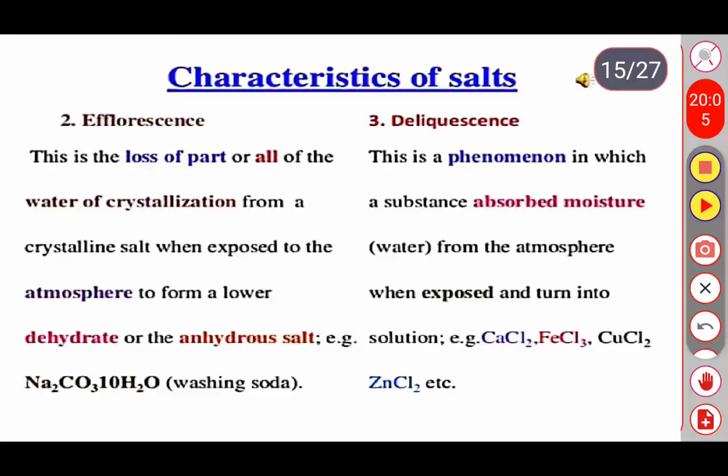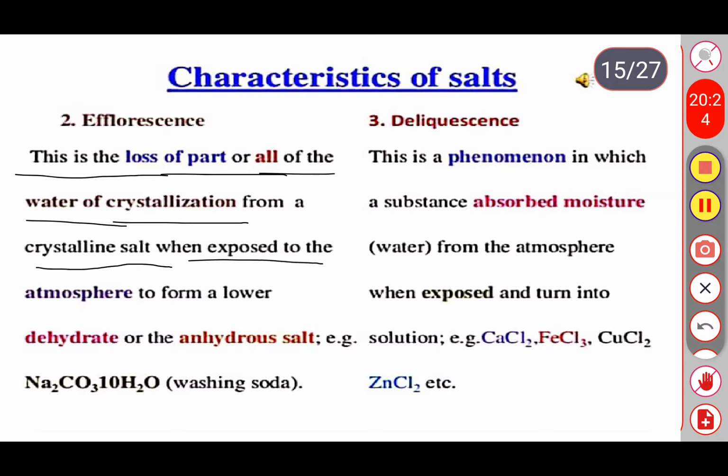efflorescence. This is the loss of part or all of the water of crystallization from a crystalline salt when exposed to the atmosphere, to form lower hydrates or anhydrous salts.